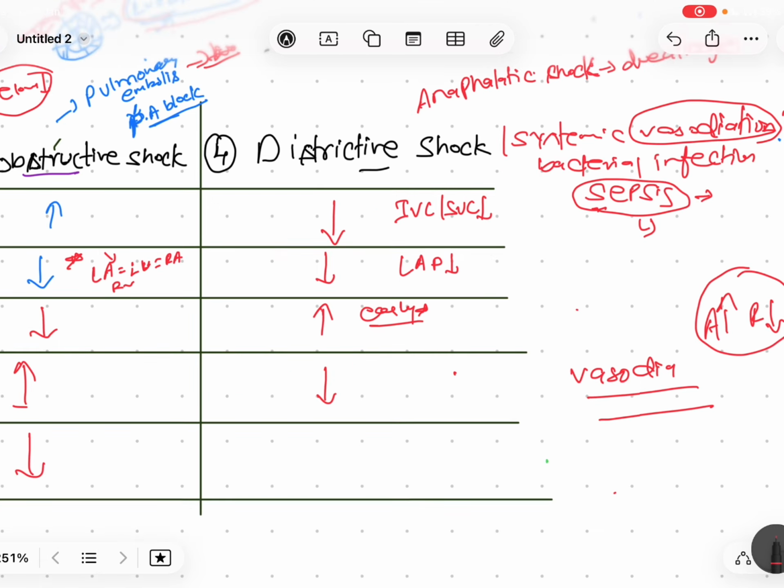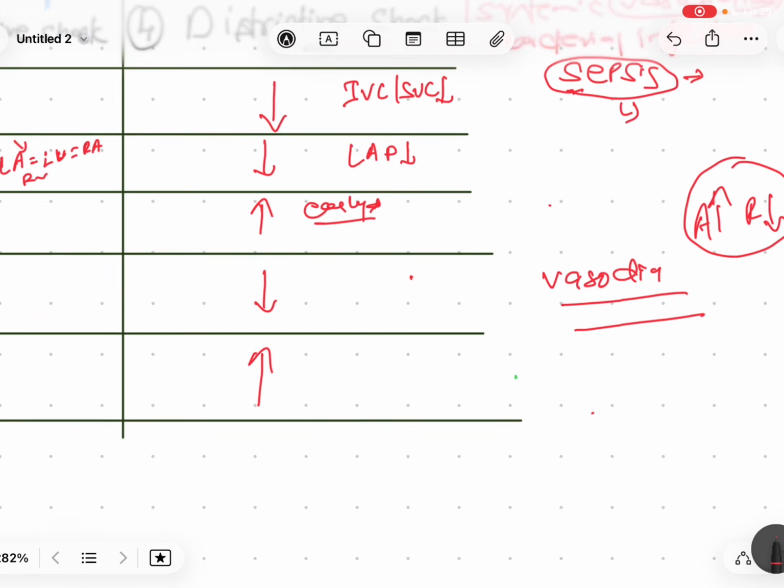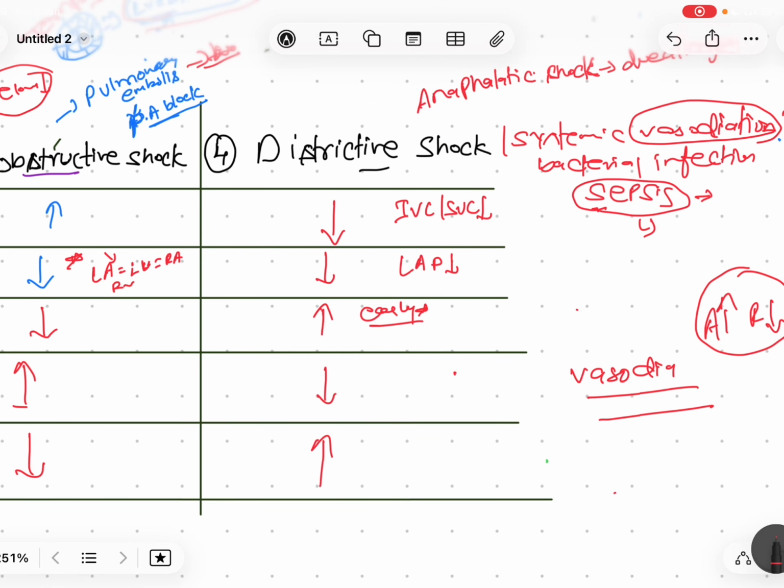The vessel is dilated, so as we know, when the area increases, the resistance decreases. Okay? And lastly, the oxygen in the vein will increase because the velocity of blood flow through the capillaries is very fast. Let me show you: vein, artery, capillaries.